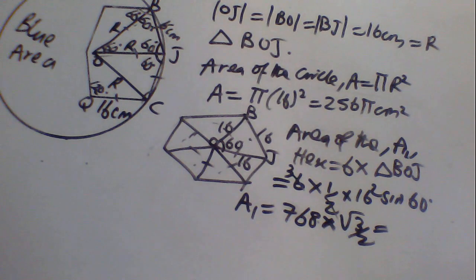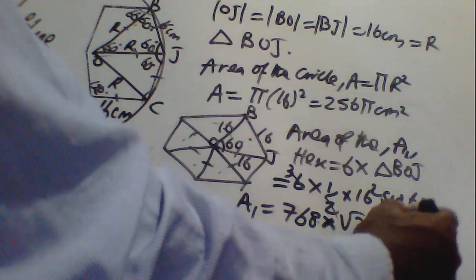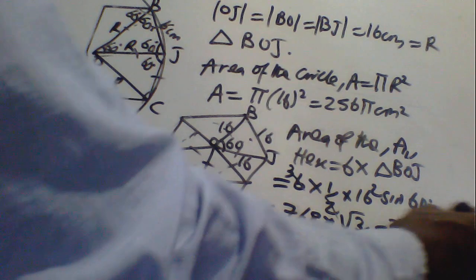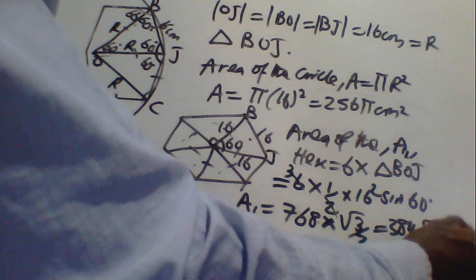And that gives us what? 768 divided by 2 will give us what? 384 root 3 cm squared. Remember to put the unit.